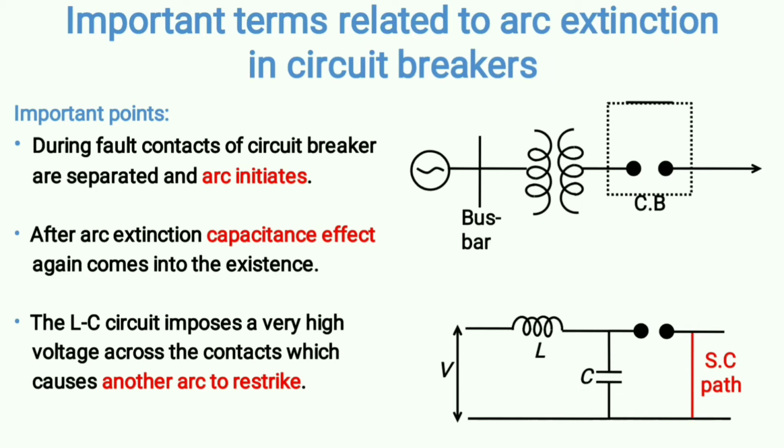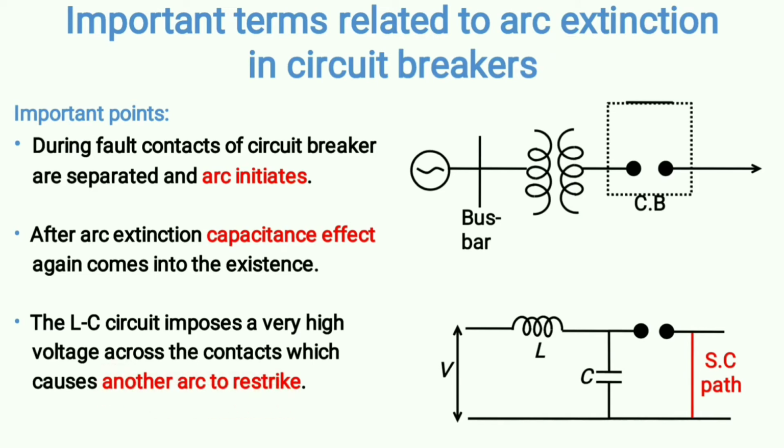So the moment there's a change, the entire energy that was stored in the inductance will be transferred into the capacitance, and as a result a very high voltage will appear across the capacitor, and that will also appear across the circuit breaker contacts, because now as you can see, the capacitor and the circuit breaker contacts are in parallel. So that huge voltage is sufficient to cause another arc to restrike.